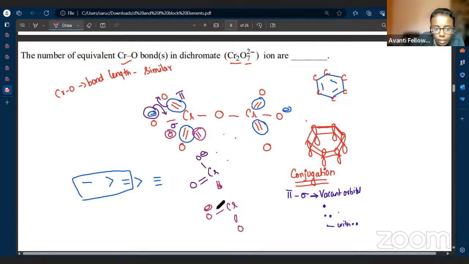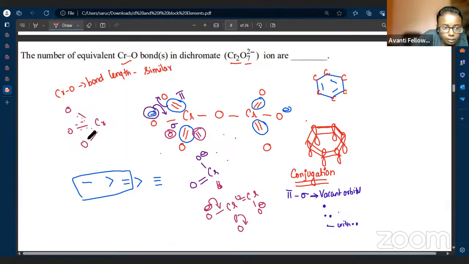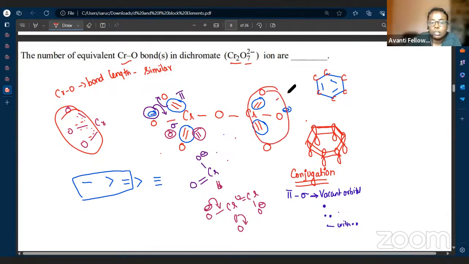Here too resonance can happen, so this one will move out to form a double bond and O minus. So I can write the resonance hybrid with oxygen, oxygen, oxygen. Same thing happens over here too.